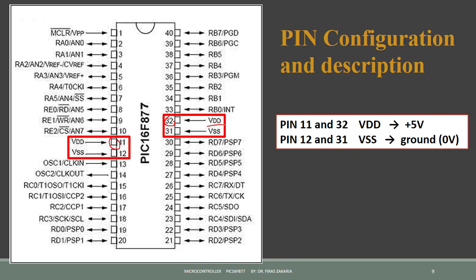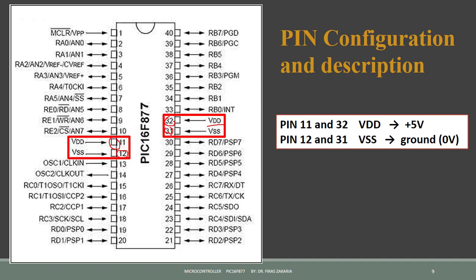These 2 pins are the positive supply for the input, output, and logic pins. Both of them should be connected to 5 volt. Pin 12 and pin 31 represent the ground reference. They should be connected to 0 potential.